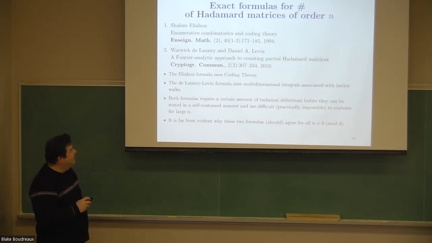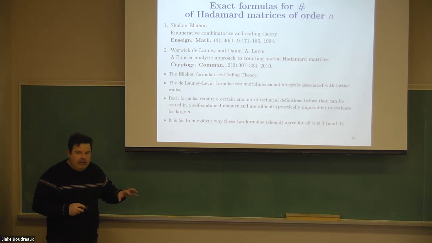The first formula is in this paper by Shalom Eliahou, Enumerative Combinatorics and Coding Theory, in the Swiss journal L'Enseignement Mathématique, 1994. And the other one is by Warwick de Launey and Daniel Levin. Warwick, unfortunately, passed away 15 years ago, but Daniel Levin is alive and well, and so is Eliahou. The paper is A Fourier-Analytic Approach to Counting Partial Hadamard Matrices, Cryptography and Communications, 2010.